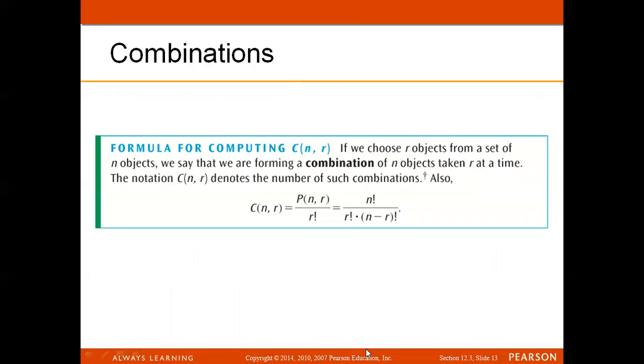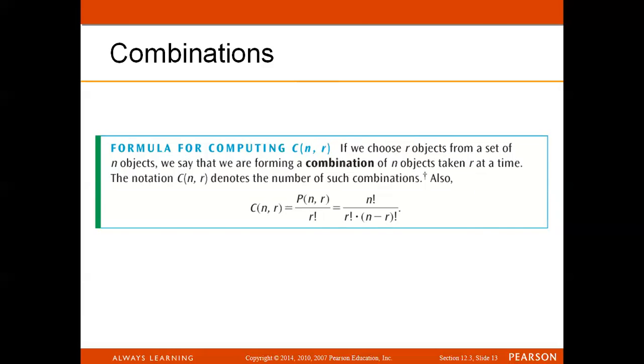The formula for computing combinations is written C(n, r). If we choose r objects from a set of n objects, we say that we are forming a combination of n objects taken r at a time.